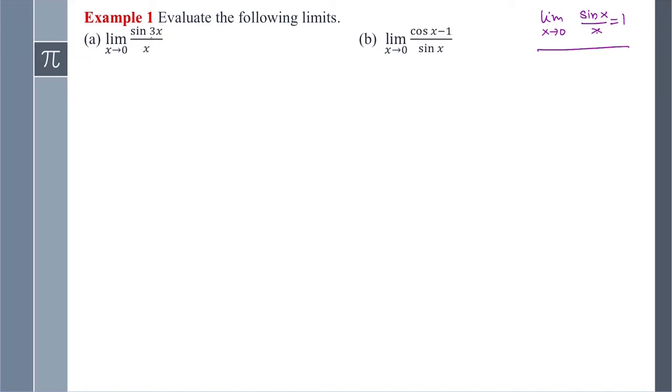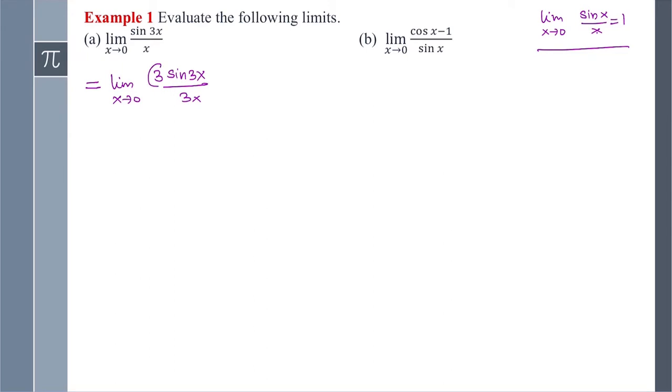So we multiply by 3 on both numerator and denominator. When we do that, we get limit as x approaches 0, 3 times sine 3x over 3x.